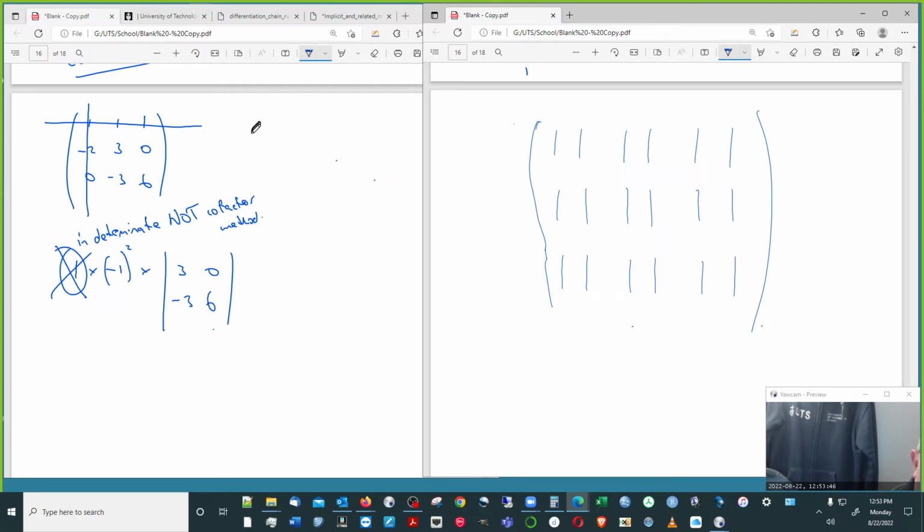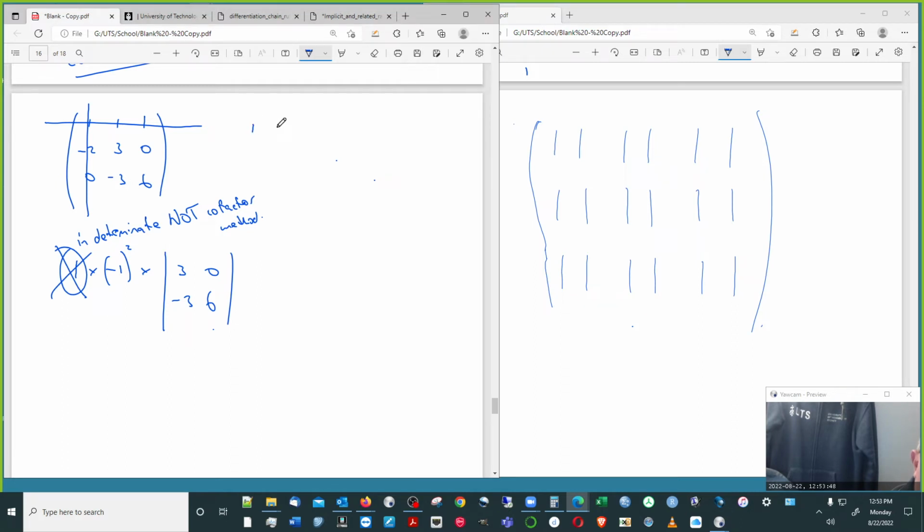So the next one we'll have here is 1, 1, 1. It's that one. So it'll be not that minus 1, but minus 1, row 1, column 2, times minus 2. Okay, and then we'll have it again.